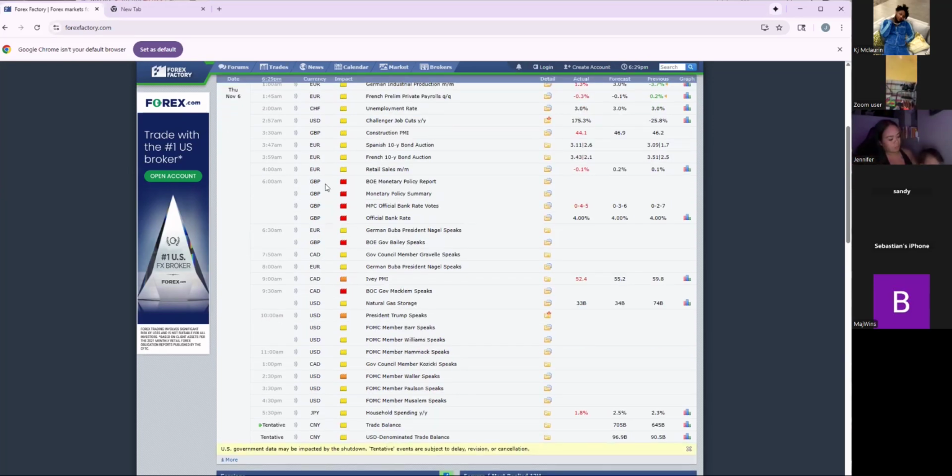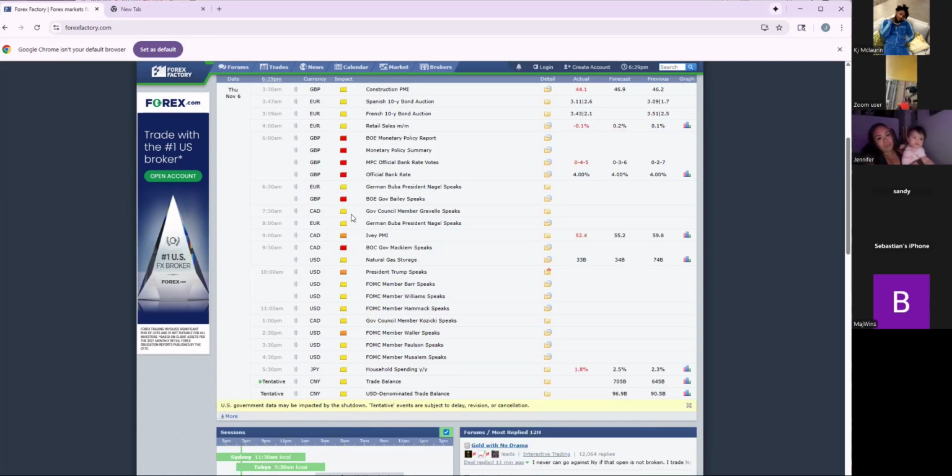Red folders, see, GBP news at 6 a.m. All these red folders, that's what you want to look out for. Today's date, this already passed though. This was today at 6 a.m. Oh shit, no wonder. I seen the candles going down because President Trump was talking.